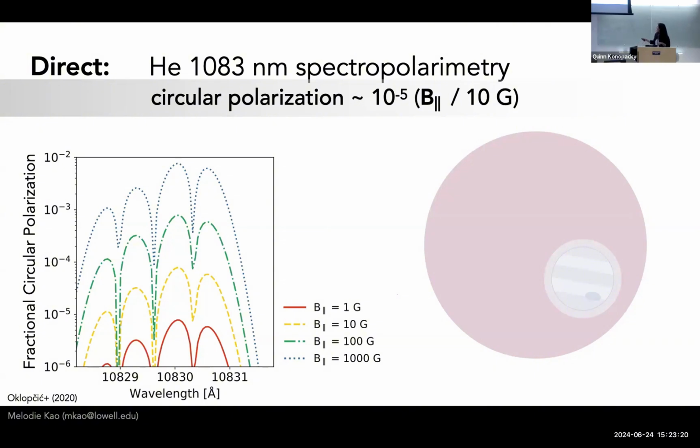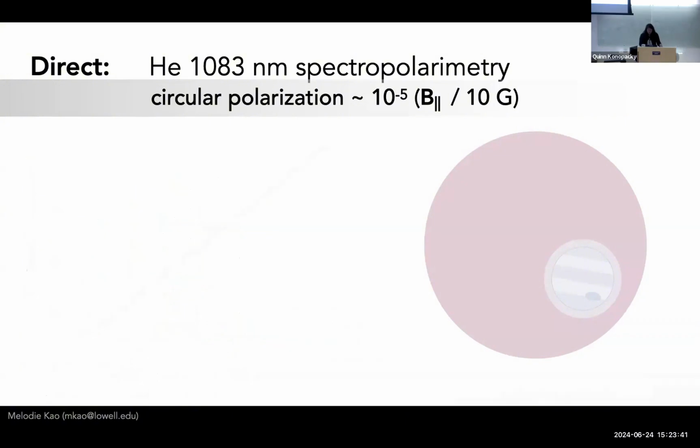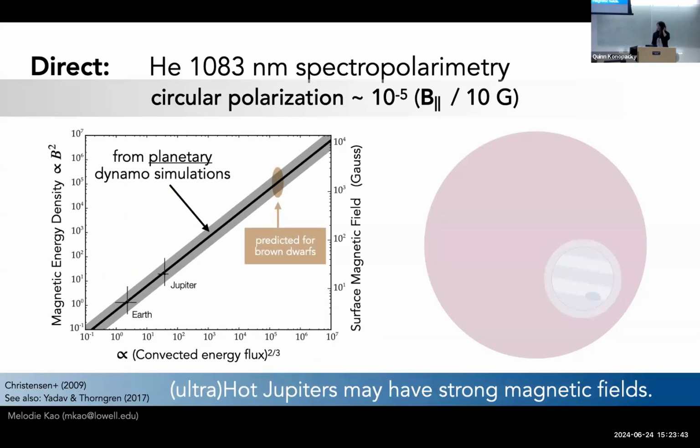You can basically see that as you get a stronger field, the strength of the signal in both the fractional circular polarization and in the broadening of the line increases. This method generated a lot of excitement when she first announced it at Extreme Solar Systems in 2018, partly because it looked like hot Jupiters might be very promising targets.